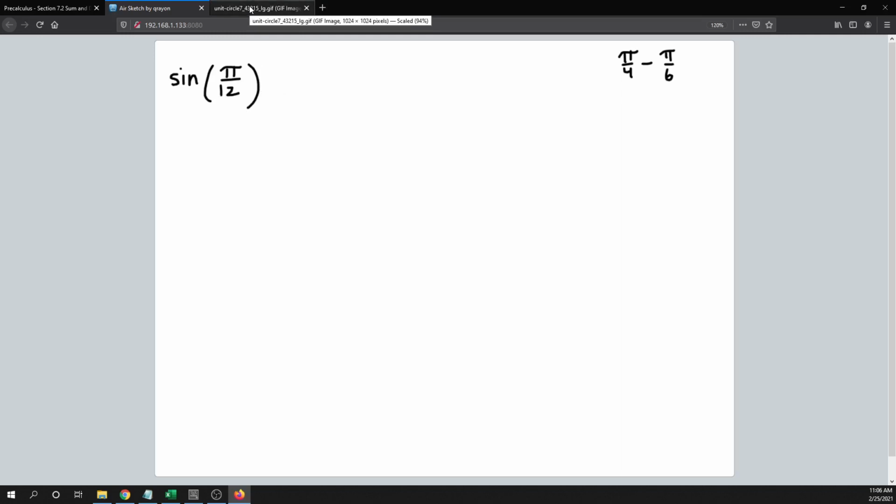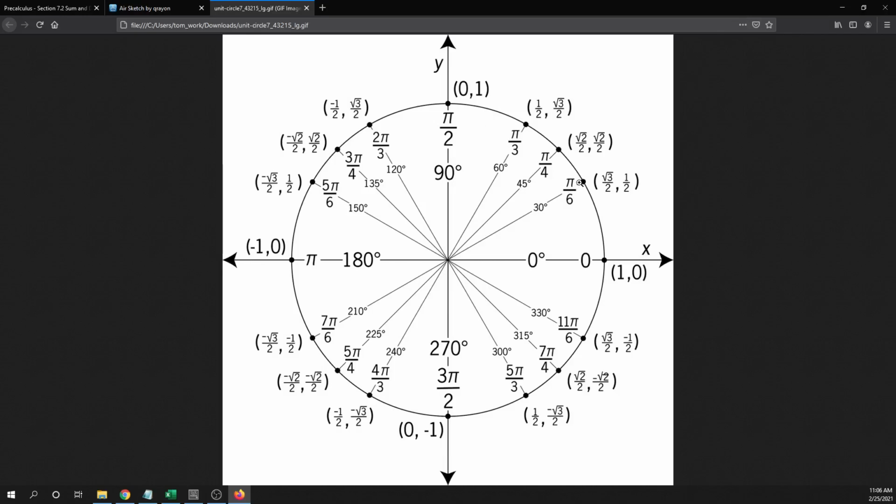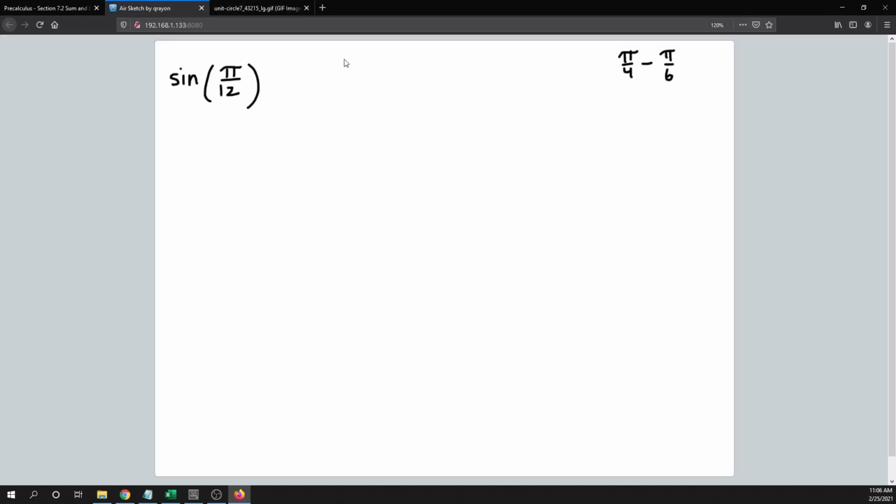So if I look at pi over 12 and convert that to degrees, you would multiply by 180 over pi, the pi's cancel out, and 12 goes into 180 15 times. So that would be 15 degrees. The sine of pi over 12 will be the same as the sine of 15 degrees.